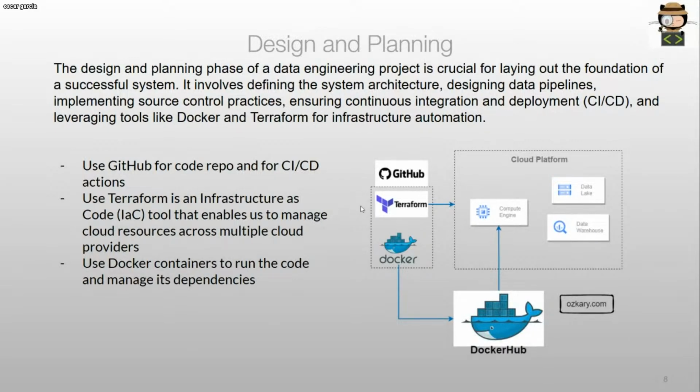For example, we need to build a data lake. We need to provision a data warehouse. We need to provision a VM for our code to run if you're doing a code-centric approach. And how are those solutions going to run? Are we going to be using Docker? Are we going to be using maybe just some cloud service? All those things are very important during the design and planning phase.